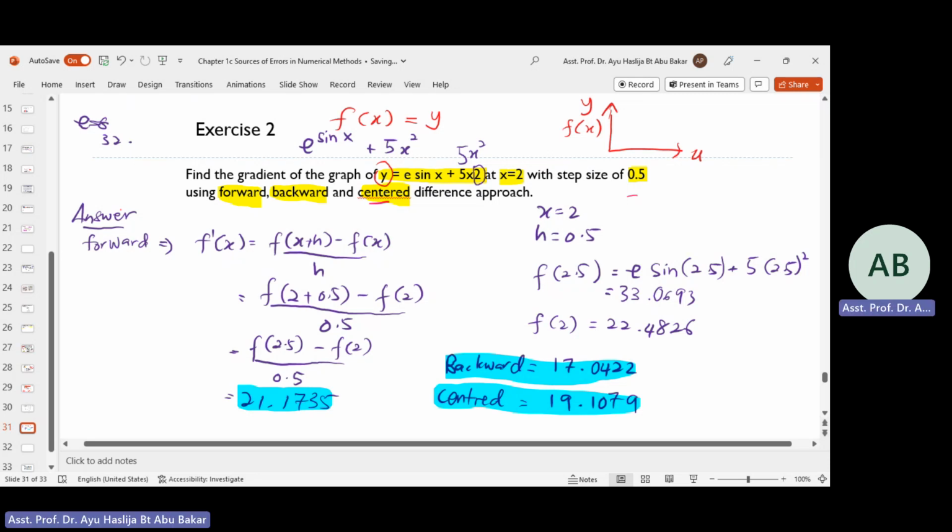If backward is that, then the 3.7 you got just now, check your calculation. Two big difference.